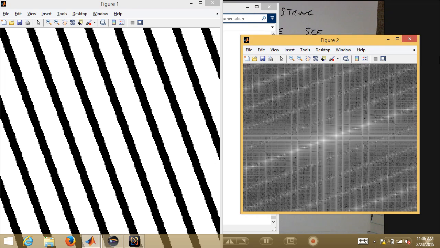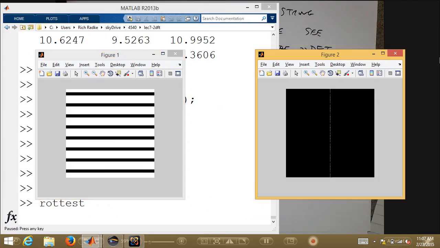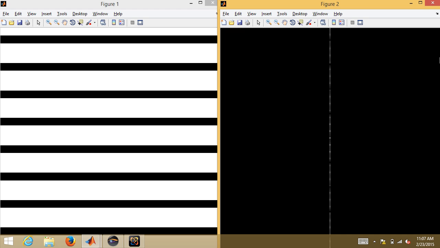Why is that? As I rotate these bars a little bit to the left, the contribution in the Fourier transform is 90 degrees offset from what I might expect. And as I rotate it around, I continue to see the same phenomenon. It's not perfect because the bars are sampled, and so there's some weirdness in the DFT. But you see the basic idea: why is the bar going the other way? We can show conceptually why that's true.